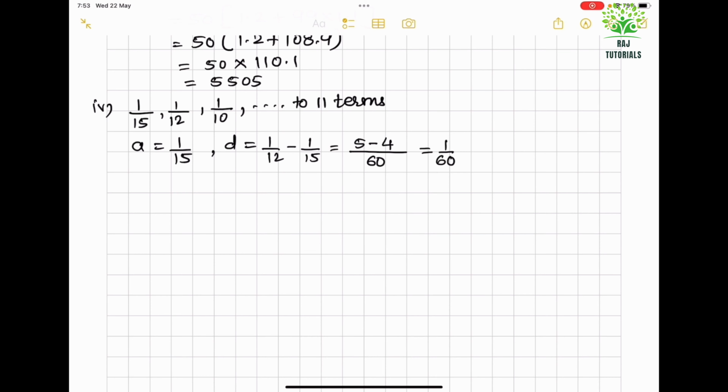Now n equal to 11. So formula is Sn equal to n by 2 into 2a plus n minus 1 d.